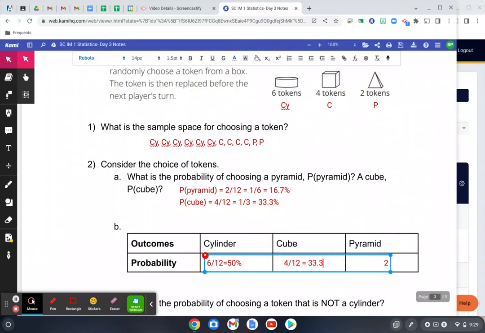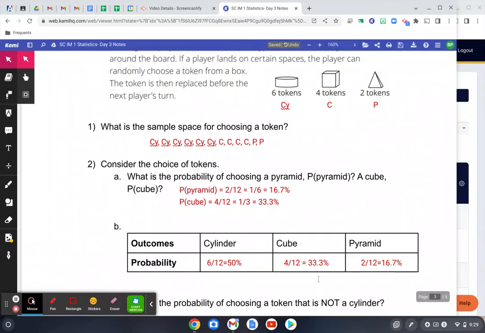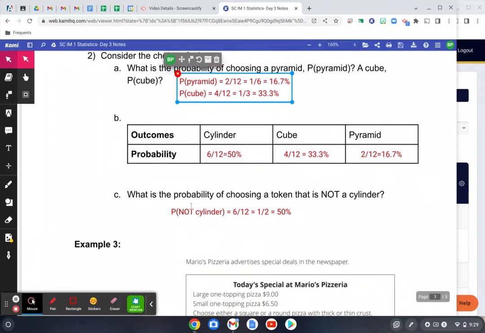Not 5, sorry, 3%. And then this guy right here, the pyramid, that's going to be 2 out of 12, right? And 2 out of 12 comes out to approximately 16.7%. And as stated above, if you add all these probabilities up, 50 plus 33.3 plus 16.7, that should add up to 100%, because you're not going to reach in and draw something other than a cylinder, a cube, or a pyramid. Those are the outcomes.